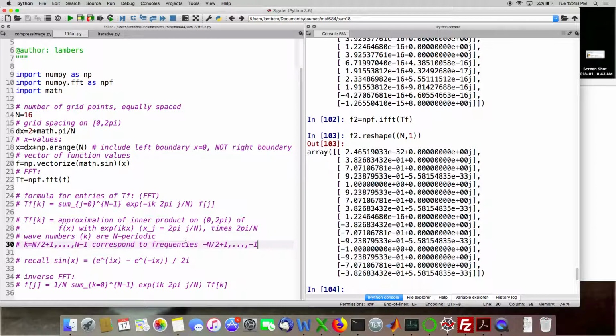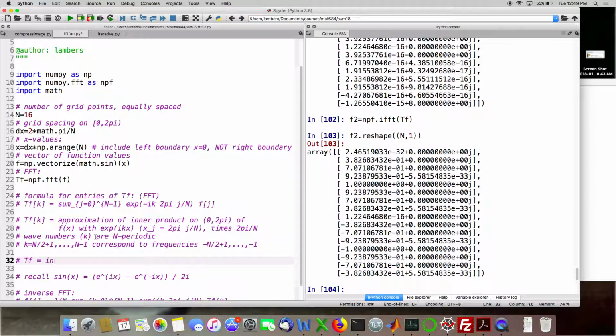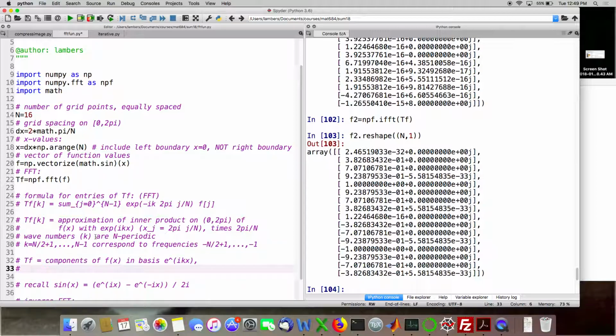if you think in terms of a grid spacing going to 0, and in terms of a summation representing an approximate integral, what integral is it that you're actually approximating? It's the inner product with e to the I kx. So in other words, TF equals components of f of x in basis e to the I kx for k equal minus n over 2 plus 1 all the way up to minus 1, 0, 1 up to n over 2 in the case where n is even.